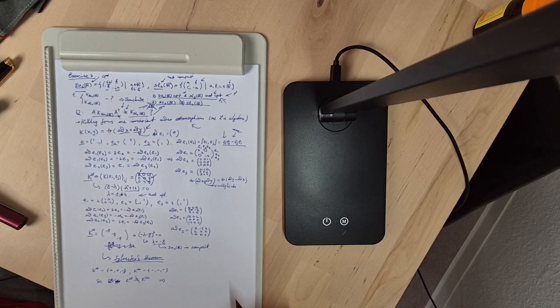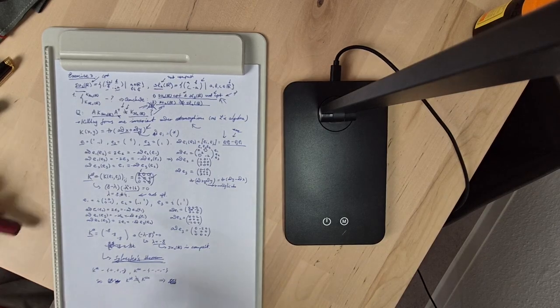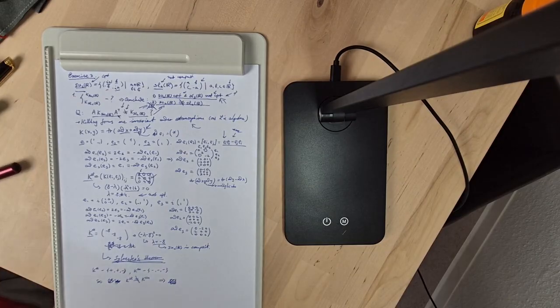But because they cannot be congruent by Sylvester's theorem, the Killing forms are not congruent. Thus, their Lie algebras cannot be isomorphic. And I think that completes the first part.